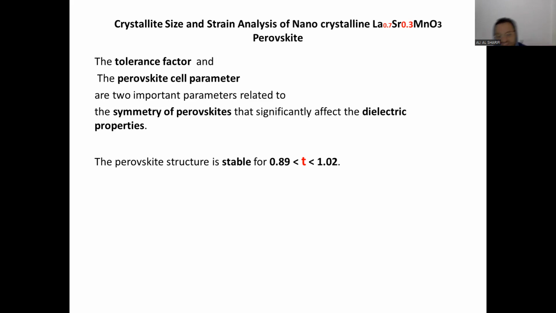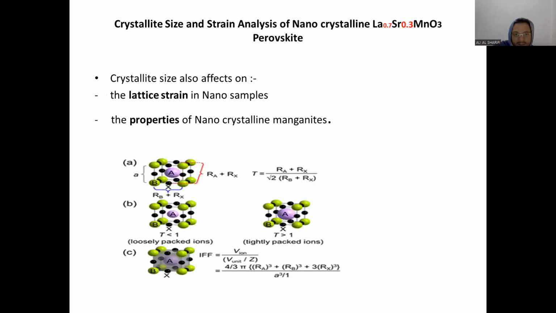The perovskite structure is stable. I take this information from this article. Below, when T is bigger than 0.89 and smaller than 1.02. Here, the crystallite size also affects the lattice strain in nano samples and the properties of nanocrystalline manganites.